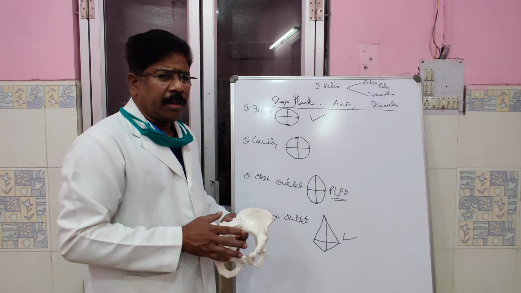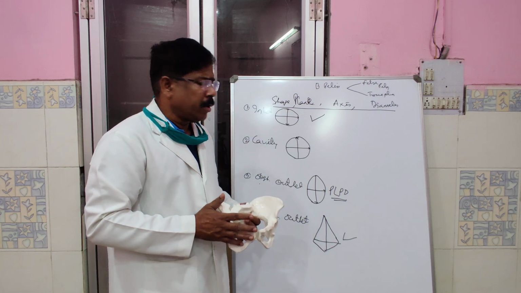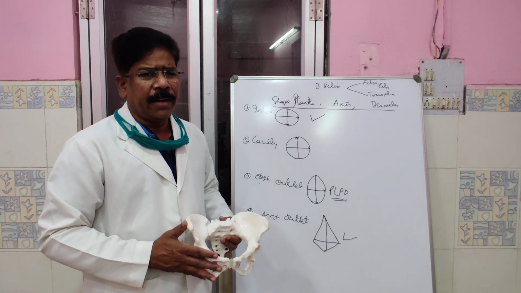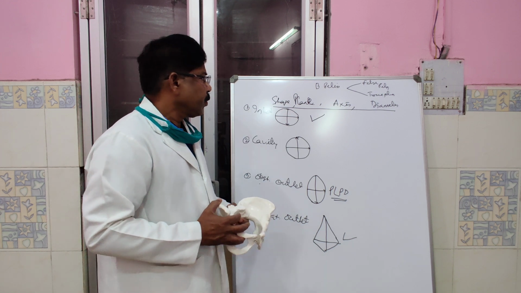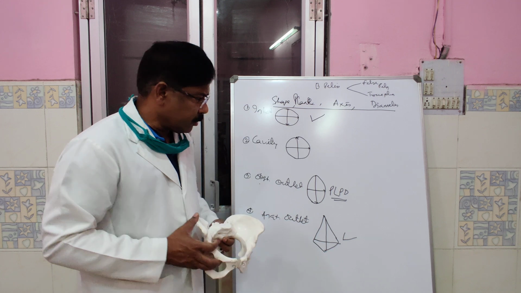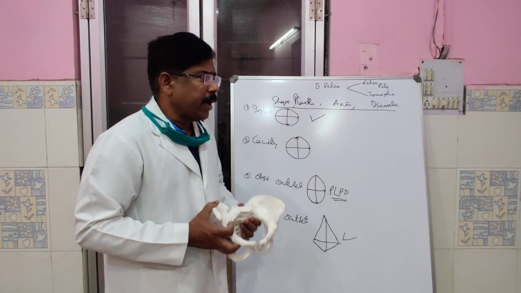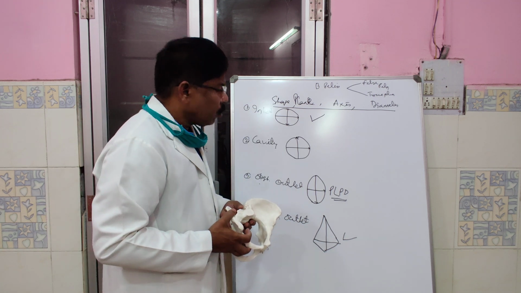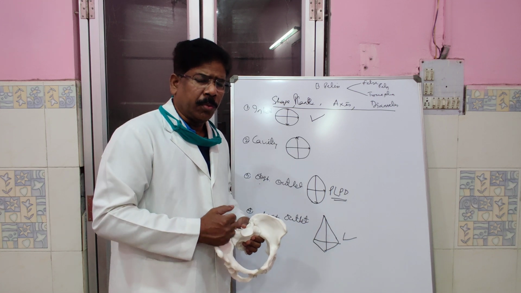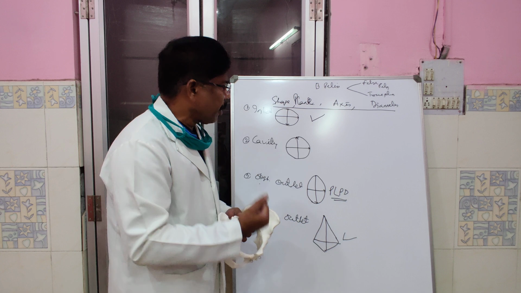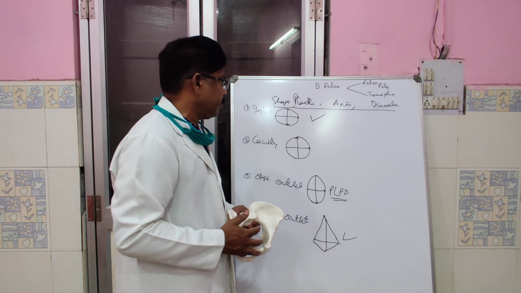Now, if you do not know where the axis is, then it is useless to know the plane. To find out the axis, we must know the plane, because you have to draw a mid perpendicular line to the plane. You go to the middle of the plane, then draw a mid perpendicular line on the plane, and you will get the axis.